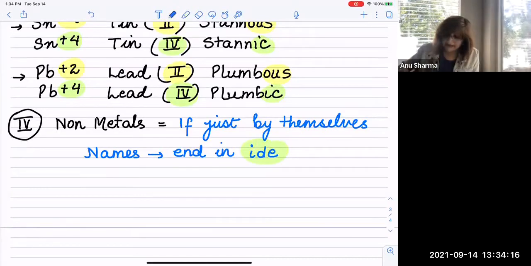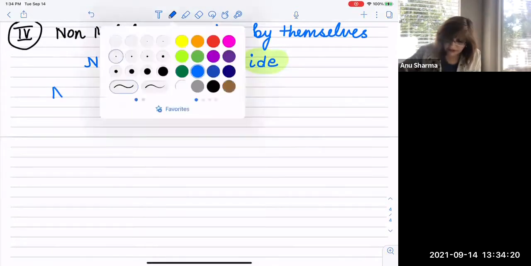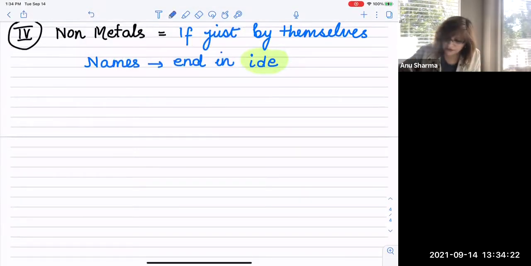But if the non-metals are with the polyatomic ions, then their names are different. So let's look at those also, and then we will start the naming.